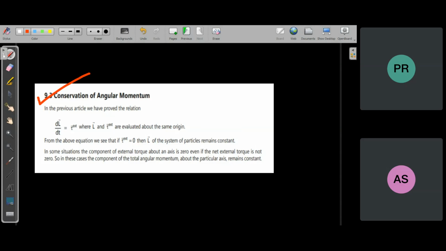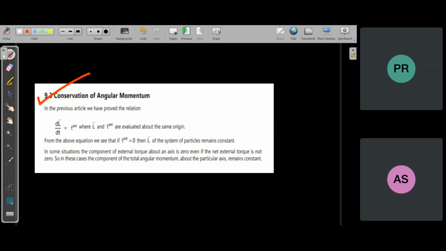There are two forms of this conservation of angular momentum. If there is no net external torque, then angular momentum of the body will remain conserved about any axis.